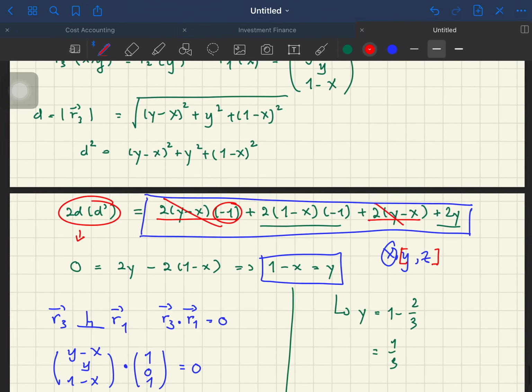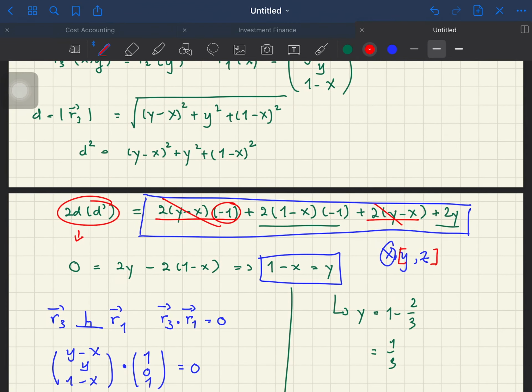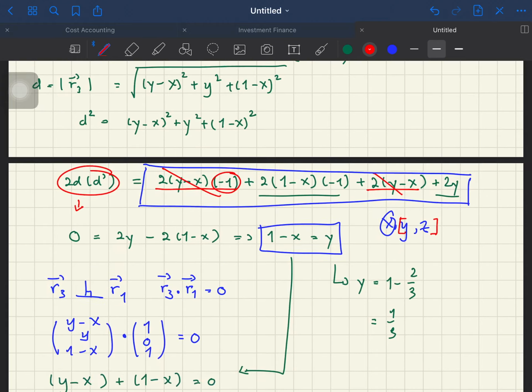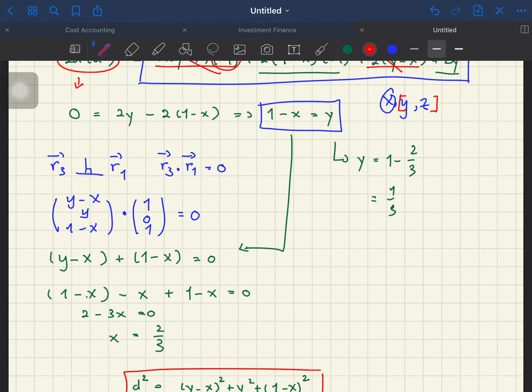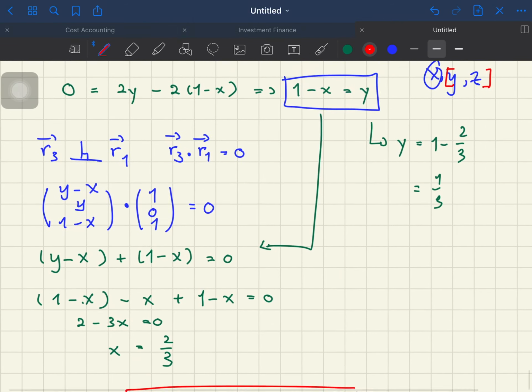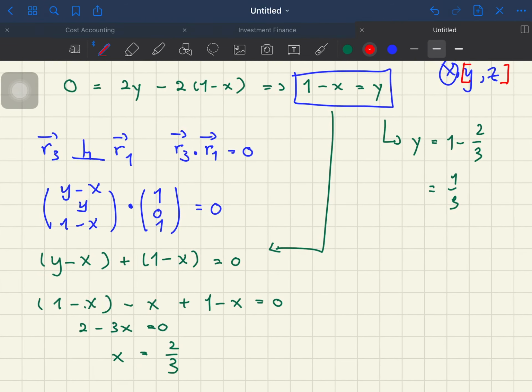After I have done the total differential, I have produced the relationship between x and y, which is 1 minus x equals y. And then I use the fact that the dot product equals 0 because of the orthogonality, and I get a linear relationship between y and x.